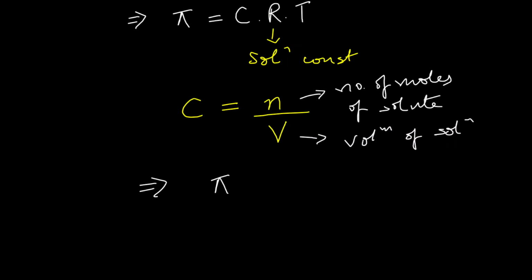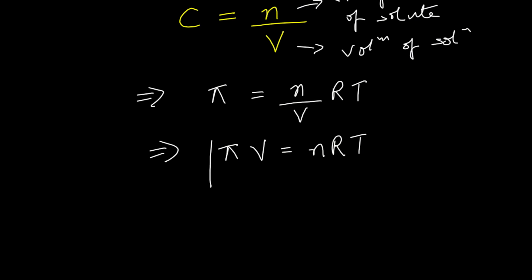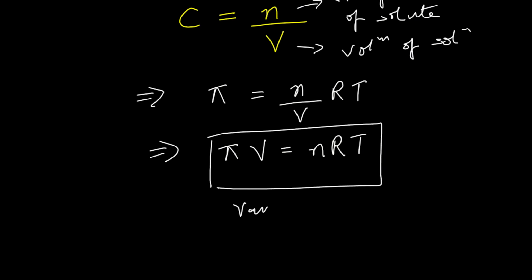Now if we substitute this into the relation for osmotic pressure, we get pi is equal to n by V into R into T. We can rewrite this relation as pi into V is equal to nRT. This relation is also known as the van't Hoff equation for dilute solutions.